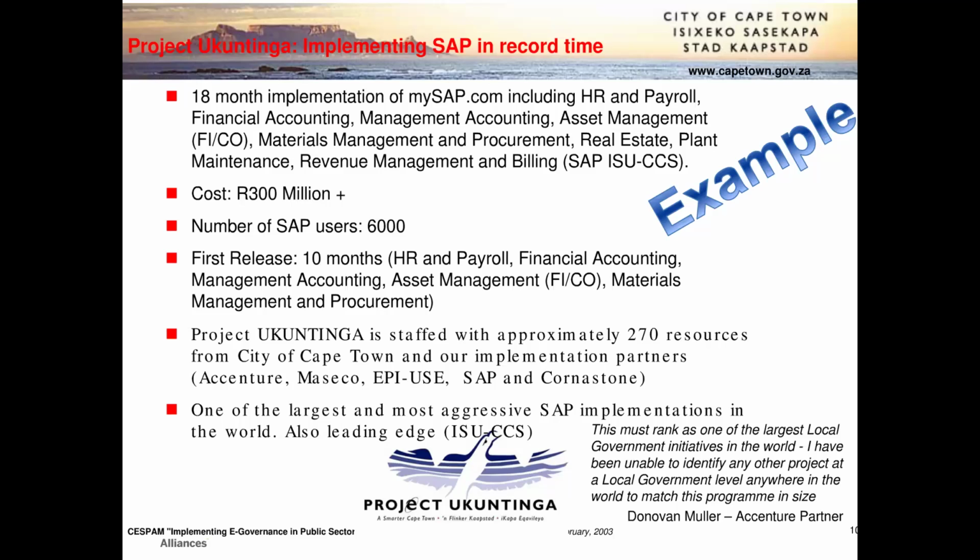They took an 18-month implementation, which included HR and payroll, finance and accounting, financial accounting, management accounting, asset management, materials management, procurement, real estate, plant maintenance, revenue management, and billing. So these are all products from SAP. They took 18 months to be onboarded onto SAP. The cost was around 3 million rand.